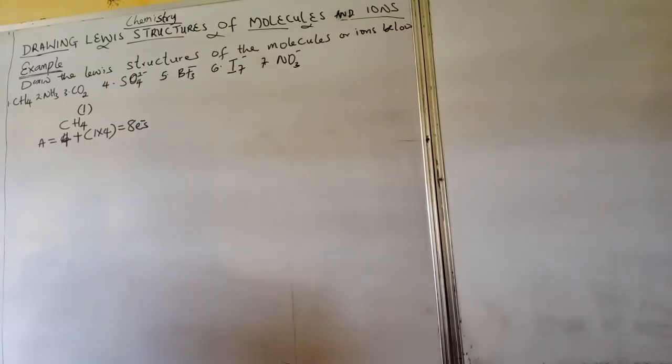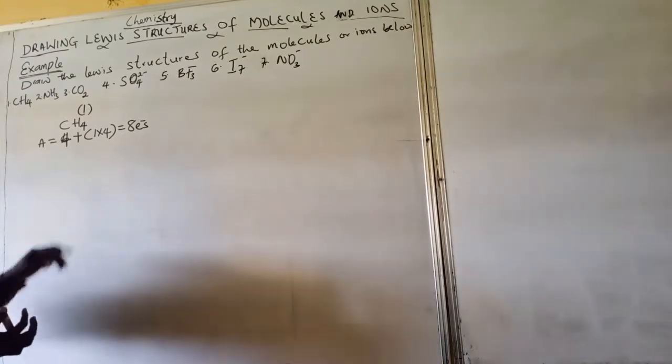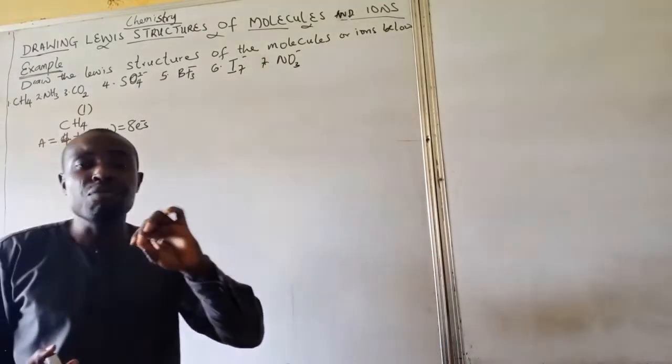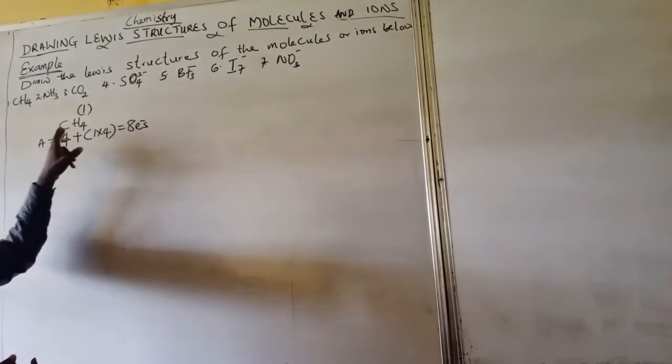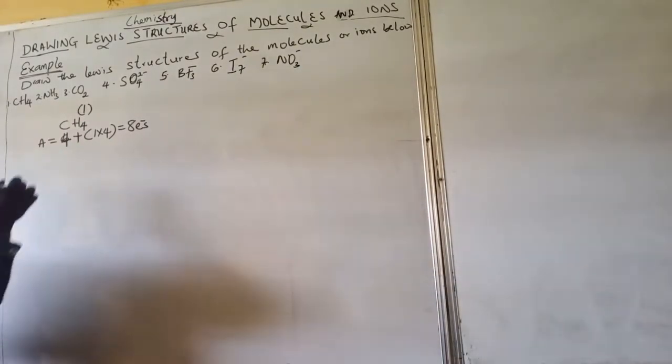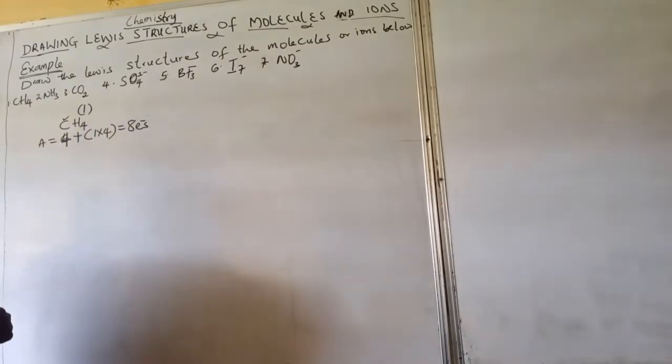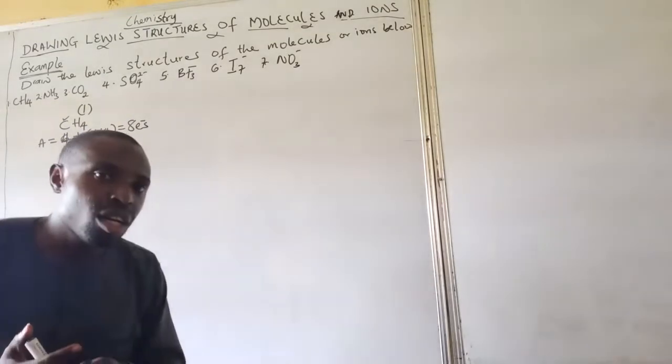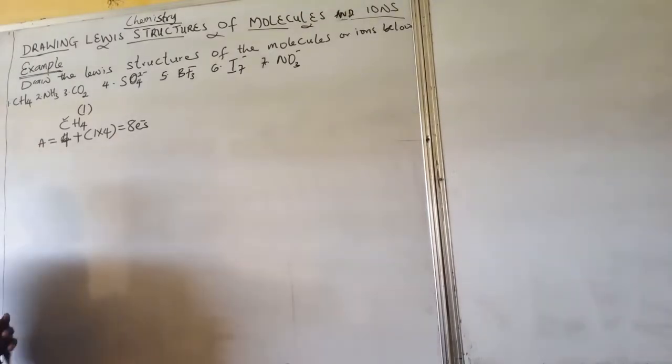Now, step 2 is that we should be able to identify our parent or central element. And here, the central element is carbon, because it occurs the fewest and has the highest oxidation state.